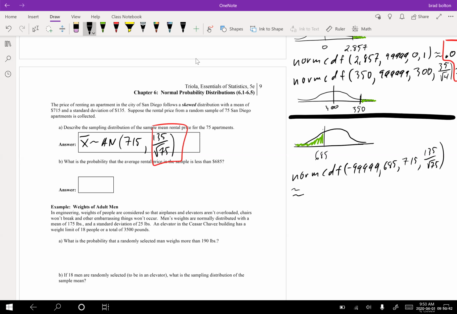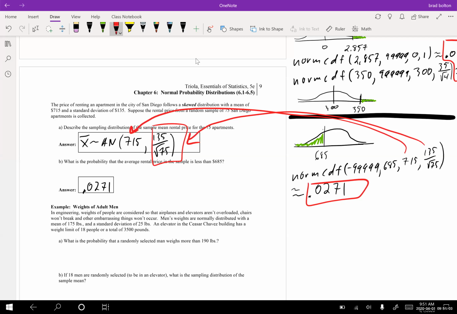So I get about 0.0271. Yeah, if I use 4 decimal places. And in general, for probability, we're going to use 4 decimal places. So we get 0.0271. And again, the 715 came from there. And the 135 over square root of 75 came from there. So that's how we can adjust for the fact that it's not normally distributed, but we had a sample size above 30. Okay, that's what the central limit theorem promises us.